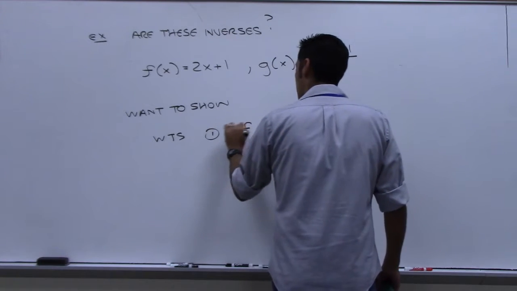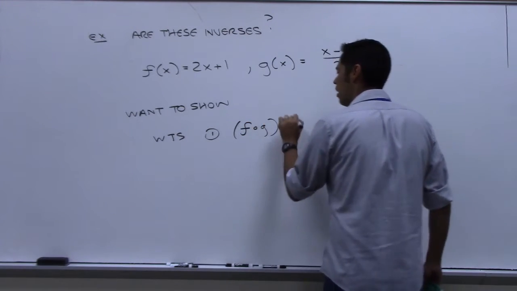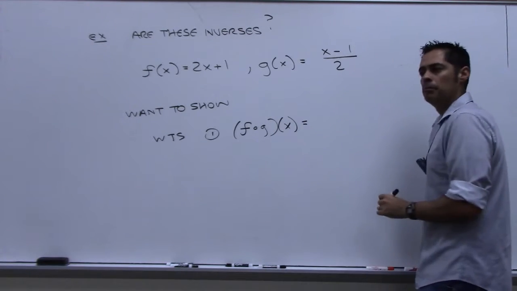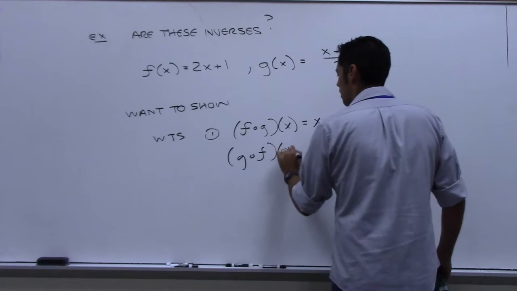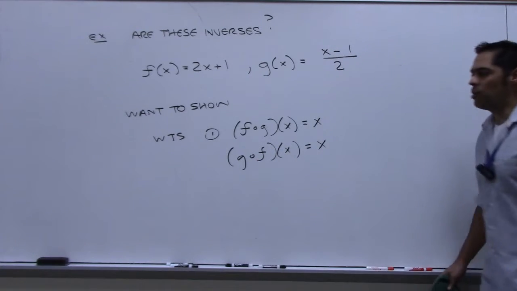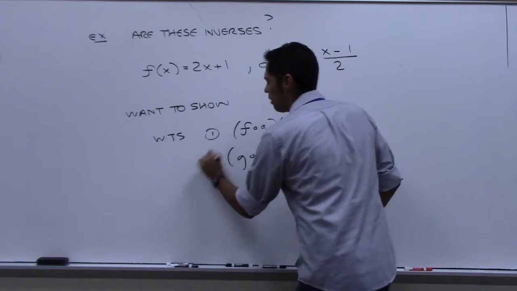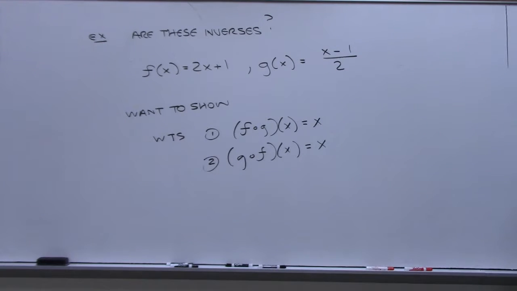One, f of g of x must be x. And the other composition, g of f of x, must be x. I have to show those two things. If I show those two things, I'm done. I've shown that they are inverses. You buy that?